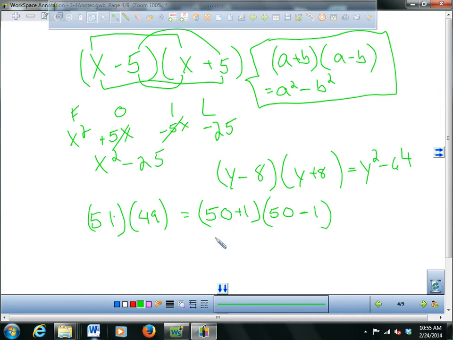What's 50 squared? 2500. What's plus 1 times minus 1? Minus 1. So 2499. If you multiply this on your calculator, I bet you $1 that's what you get.